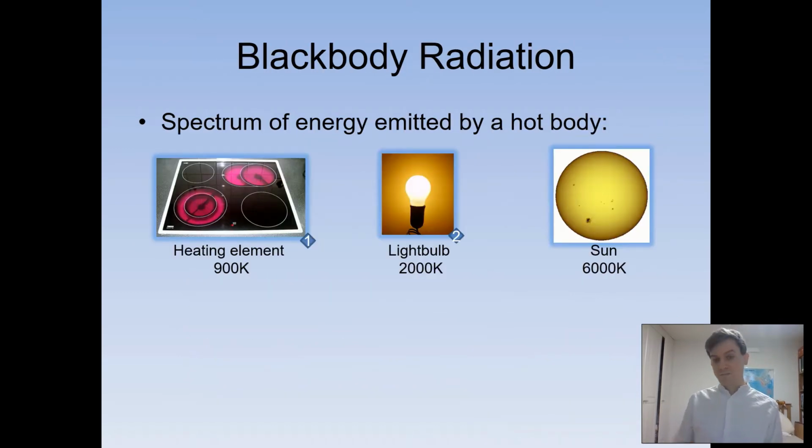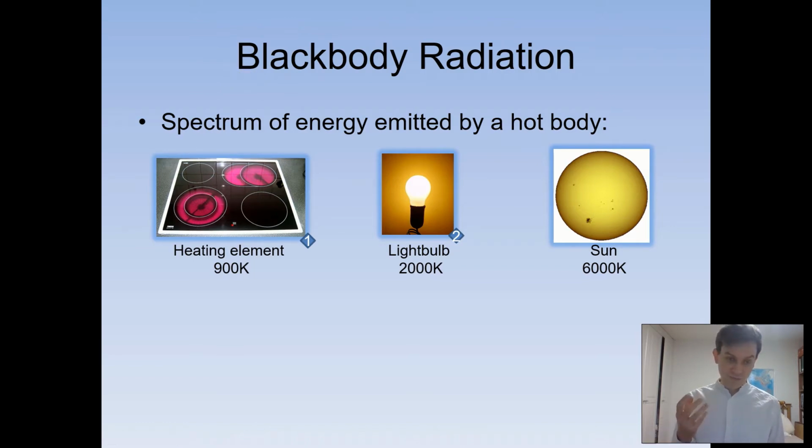Okay, so this is blackbody radiation. I'm going to start by talking about what it is. It's light which is emitted by bodies when they are hot. So if you take a certain kind of body, which is known as a blackbody, this just says something general about the material it's made of. If you heat it up, then it will start to glow, right?